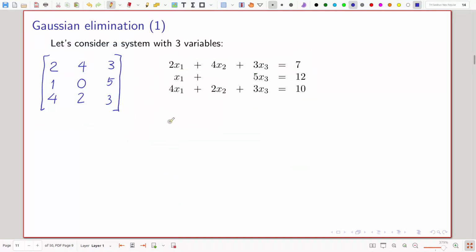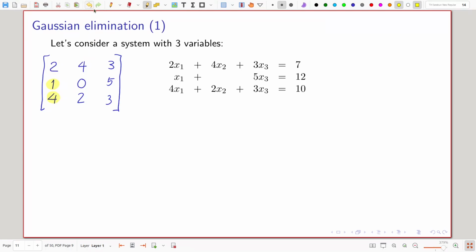We start with this matrix, and our plan is to eliminate this and this, so that we only have x1 appear in just one equation. So let's try to do this first: we try to eliminate x1 from all the other equations.